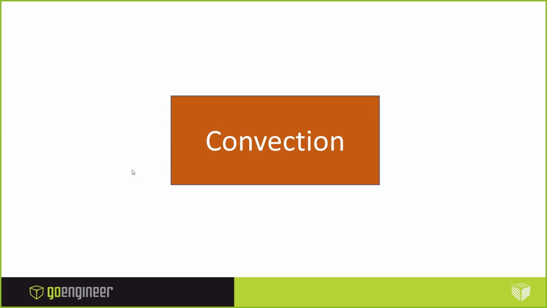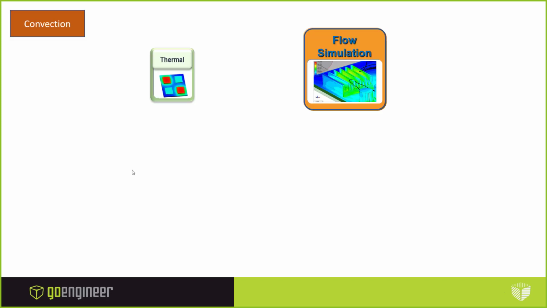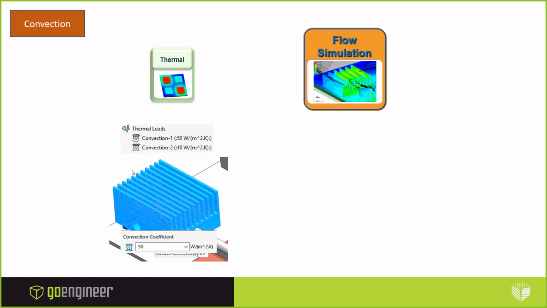So convection, of course, is the heat transfer from solid to fluid media. Okay, so the heat sink is a great example of where we're going to see convection, and here I've got our heat sink modeled inside of a thermal study, where I just plug in one number that describes the convection environment.